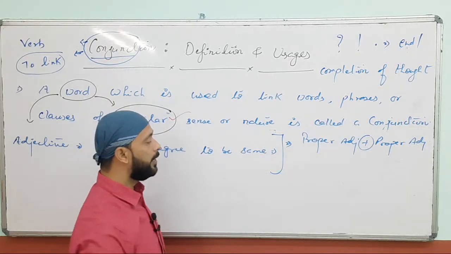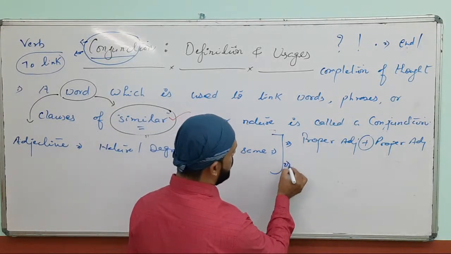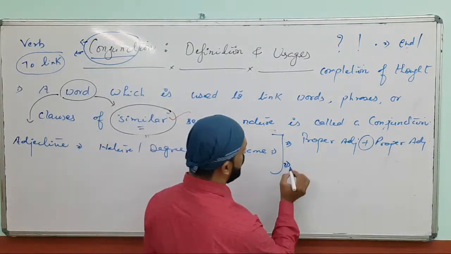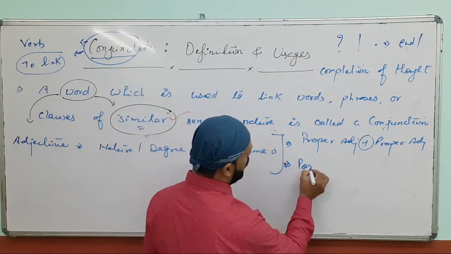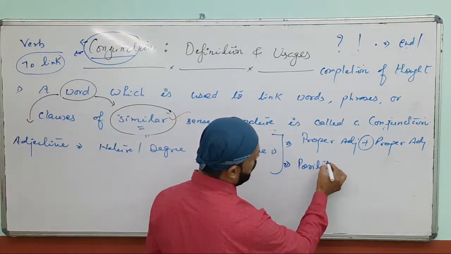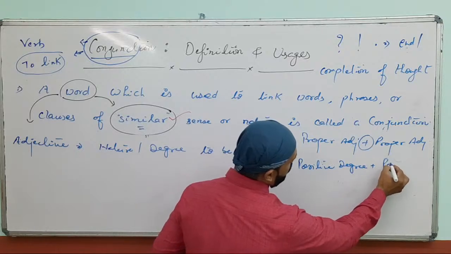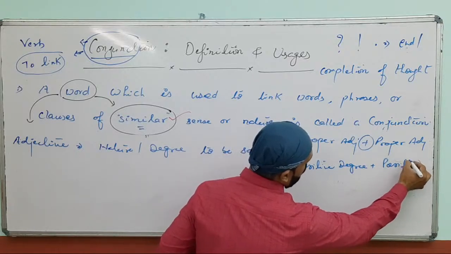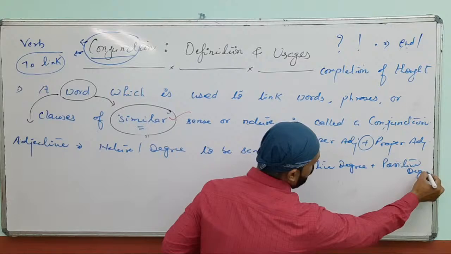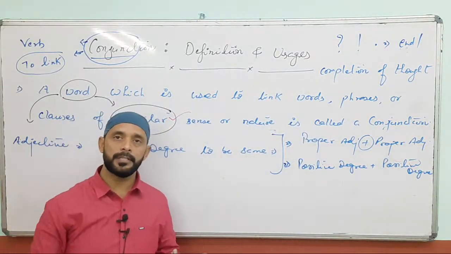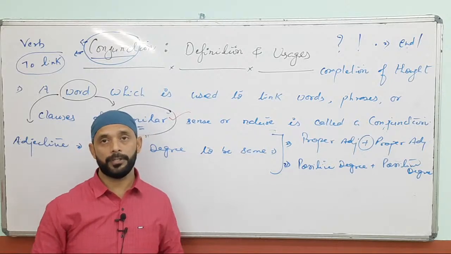When it is degree, suppose degree is there in adjective, you go with degree. So what do you find? A positive degree is to be linked with another positive degree. You cannot place one positive degree and the next a comparative degree with the help of a conjunction.